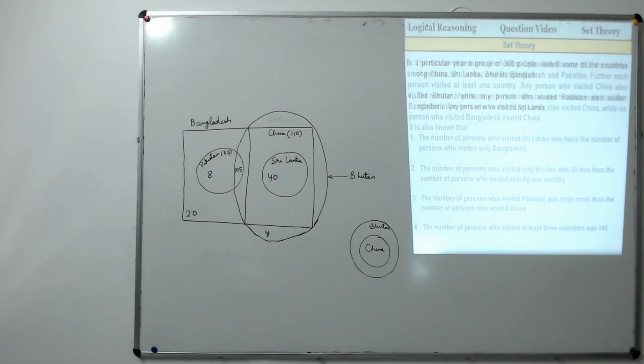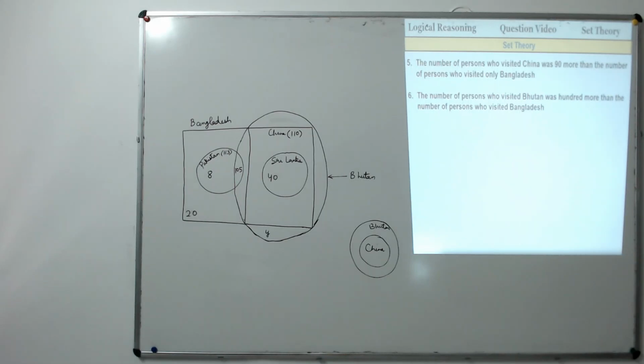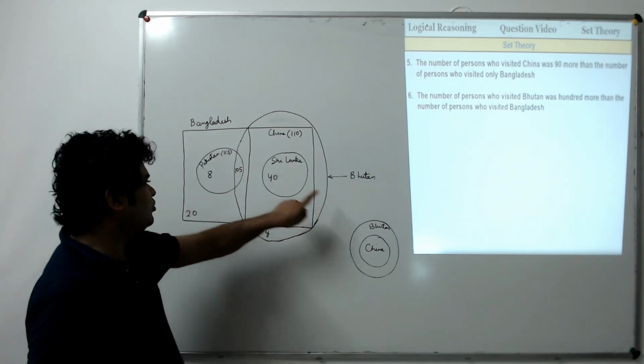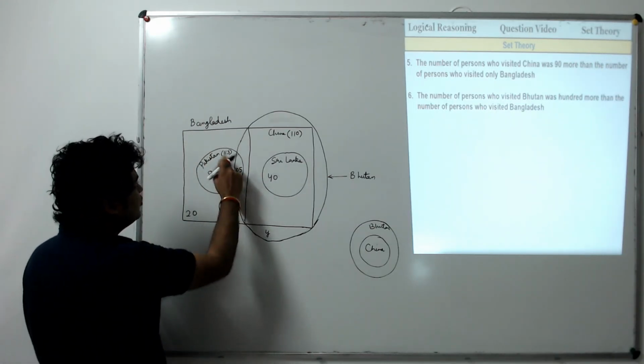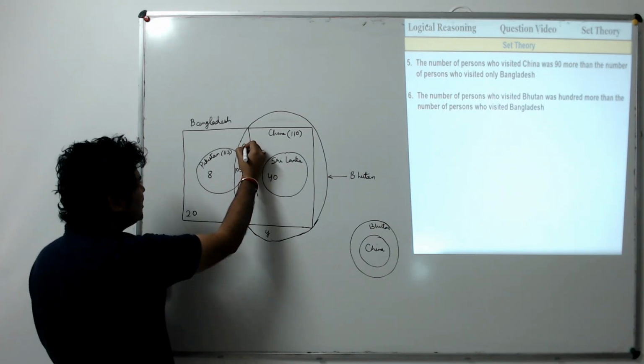if I go to the last clue, the number of persons who visited Bhutan was 100 more than the number of persons who visited Bangladesh. So Bhutan is 100 more than the number of people who visited Bangladesh. So let's say this region, Bhutan and Bangladesh, has A people.